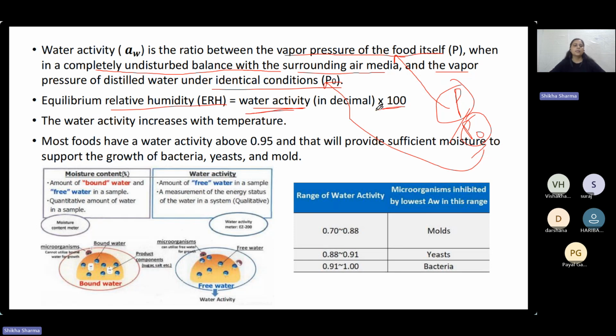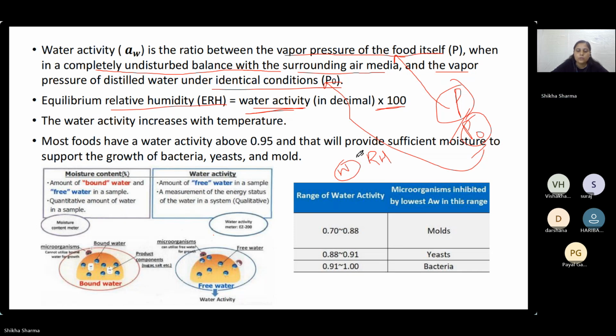So basically, equilibrium relative humidity is when there is a food product, so there will be some water in the food and there will be some relative humidity in the environment.